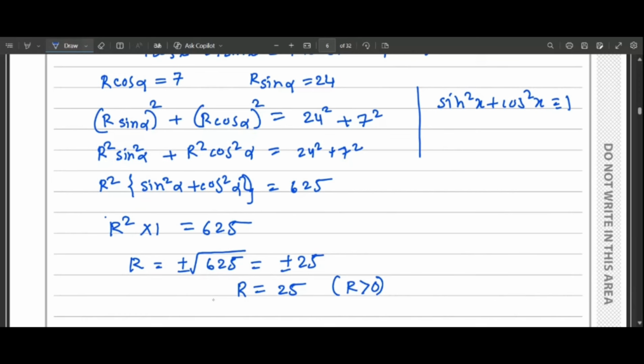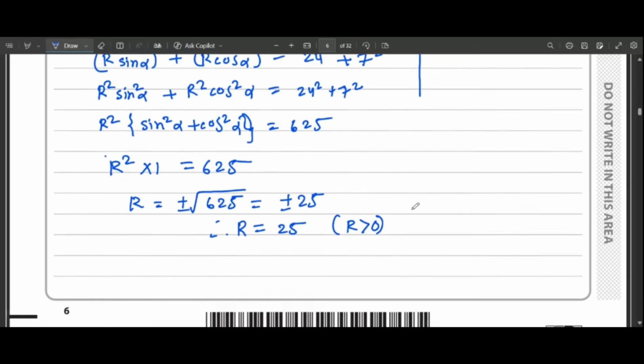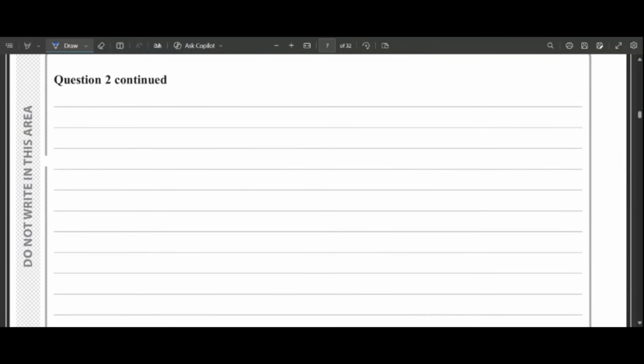For the value of alpha, we can use the identity sin theta by cos theta equals tan theta. So we can write r sin alpha divided by r cos alpha equals 24 by 7.